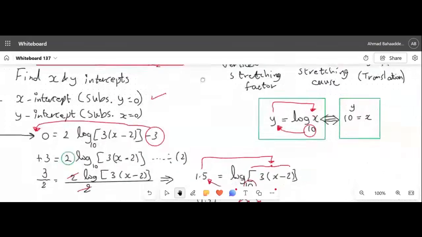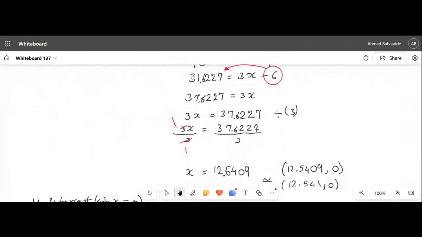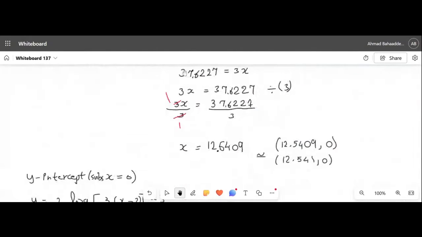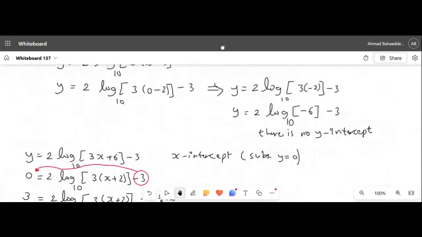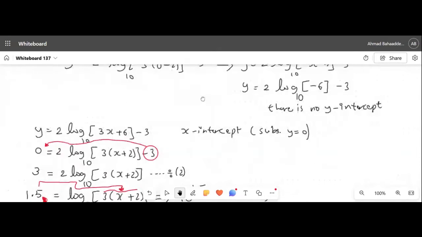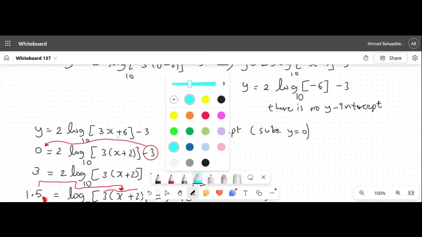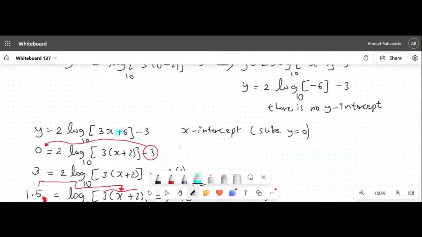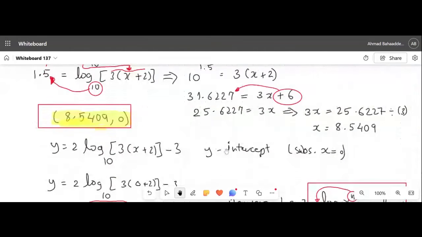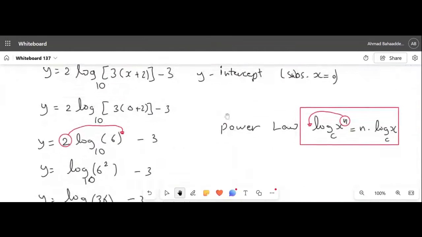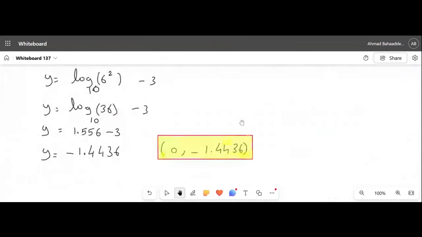For the next example, as you see, we have an x-intercept, but we don't have a y-intercept. There is no y-intercept. Then we took another function, just changing the sign from minus to plus, and now we can find the x-intercept, which was 8.5409, as well as the y-intercept.